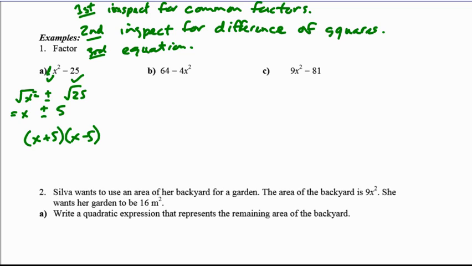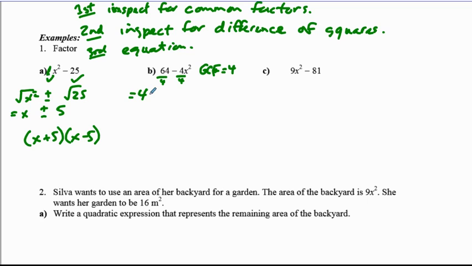All right. So what about the next one? So first, inspect for a common factor. Okay, well, we have this 4 in front. That's a big hint. Okay, 4 goes into both. So we have a greatest common factor of 4. So divide both sides by 4 and put the 4 outside.